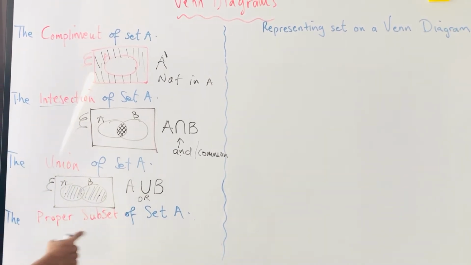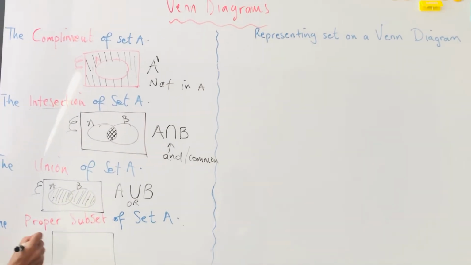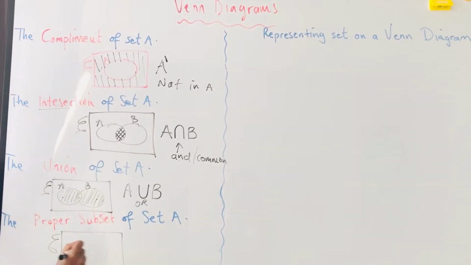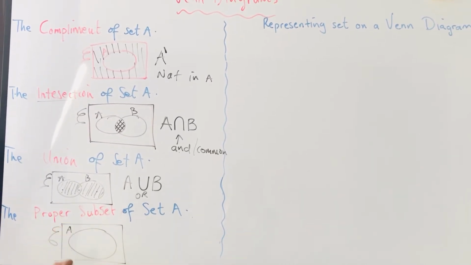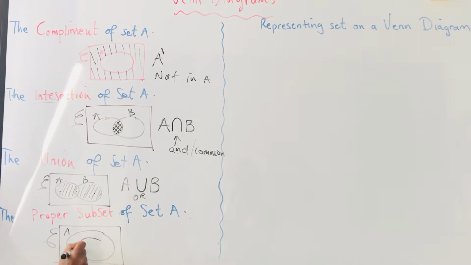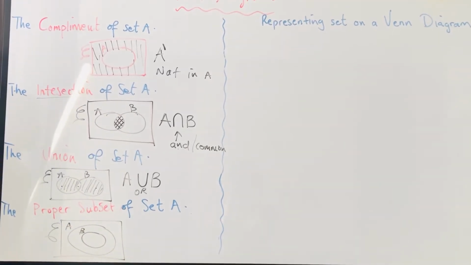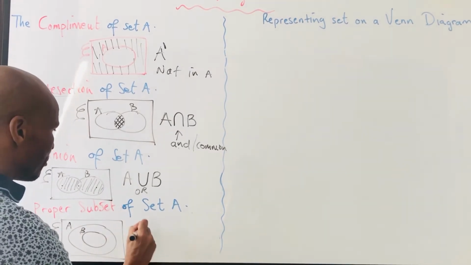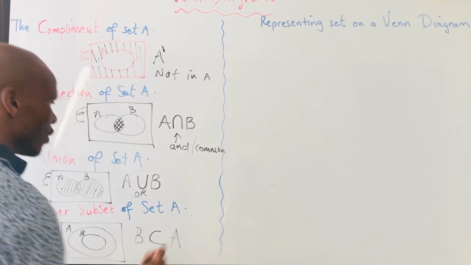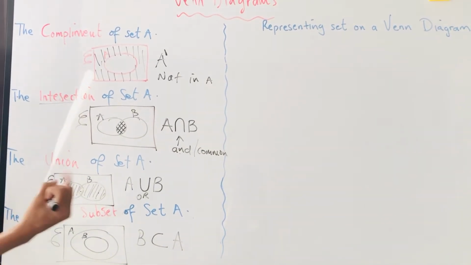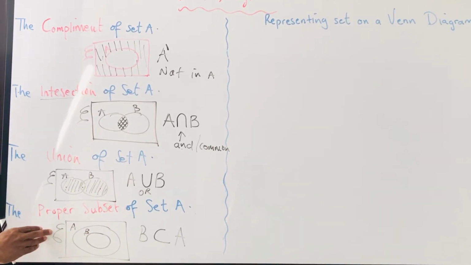And then a proper subset. So you have your Venn diagram there, and then you have your A, and you have another set inside, which is B. So that means B here is denoted as a proper subset of A. Like if you have 1, 2, 3, 4, 5, that is your universal set.